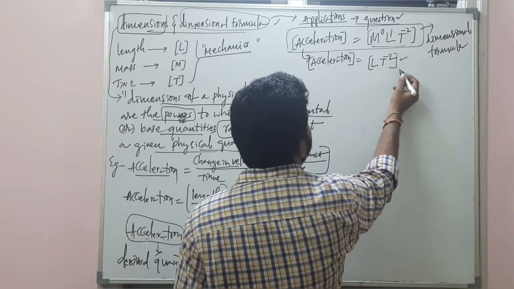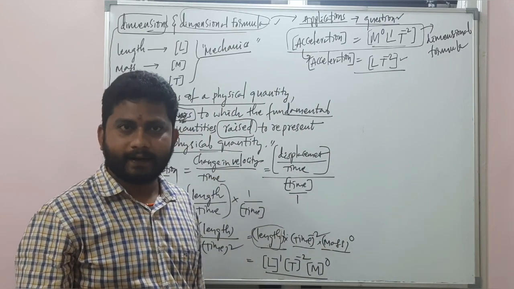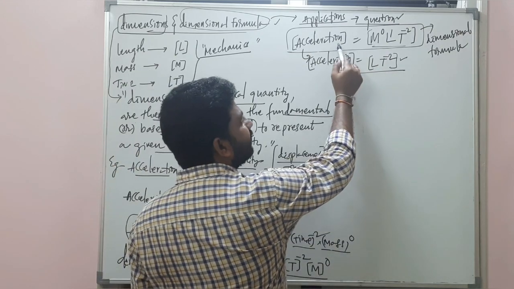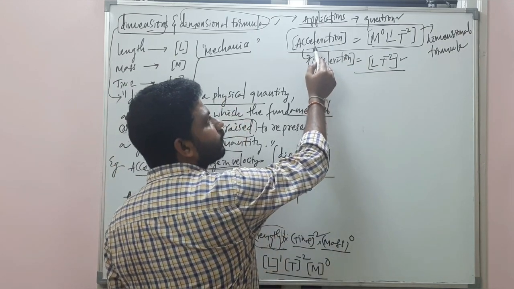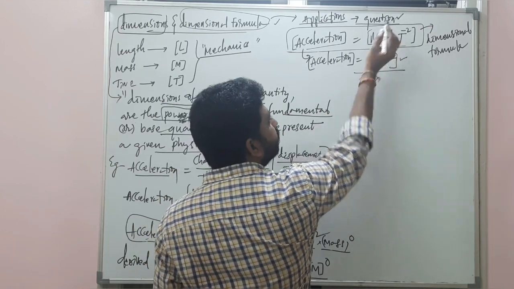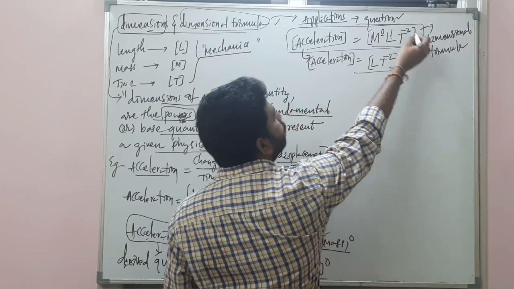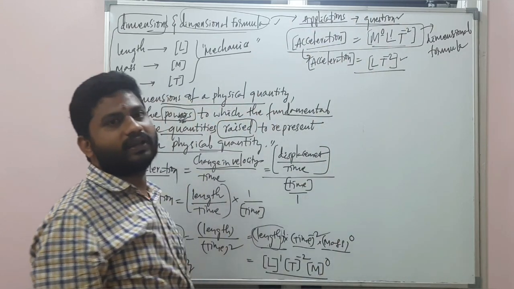L to the power 1 or L, it's the same. So to represent acceleration, which is a physical quantity, the base quantities are raised to some powers. Mass is raised to the power 0, length to the power 1, time to -2 to represent the quantity called acceleration.